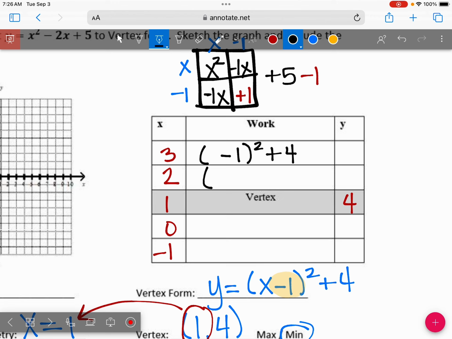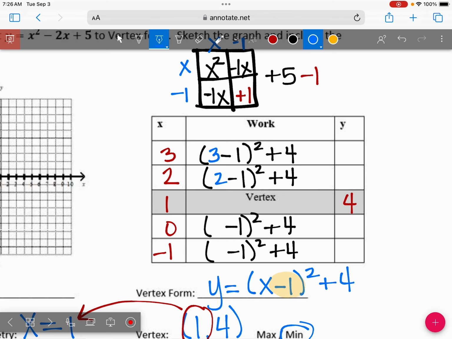So our vertex form is x minus 1 squared plus 4. And you're just going to put in these numbers here. I'll give you a minute to get the other values, and then to graph it.